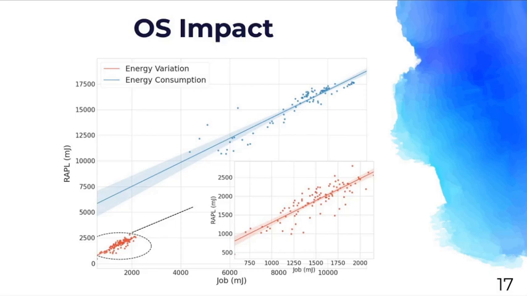We notice that both the energy consumption and variation are highly correlated to the job's energy consumption and variation, with Pearson correlation coefficients of 93 and 85% respectively. So what is to retain here is that the energy consumption and variation is mainly related to jobs in execution rather than the operating system.